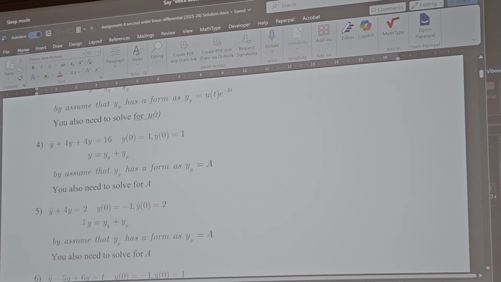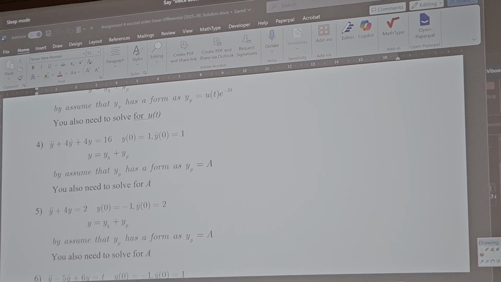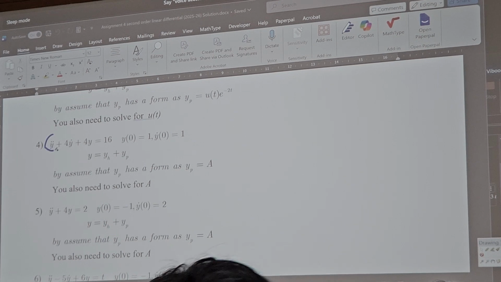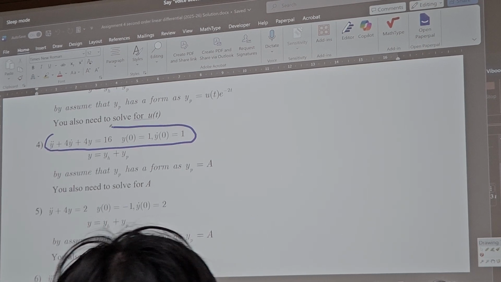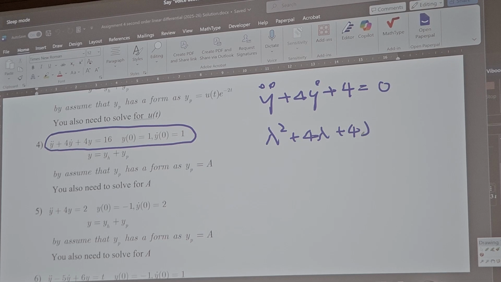Another one, this is another problem. You want to solve this one. Homogeneous solution will be this one. Lambda square plus 4 lambda plus 4.